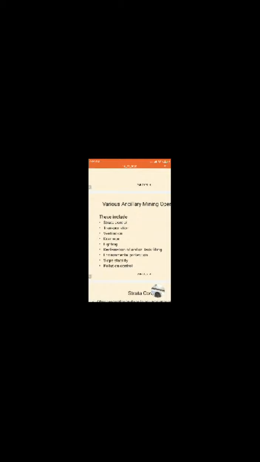Another important ancillary operation is ventilation. As per the regulations, it is the primary duty of the owner, agent or manager to provide sufficient ventilation with not less than 19% of oxygen or 6 cubic meters of air per minute per person employed in the mine, or 2.5 cubic meters of air per ton of raised output per second.